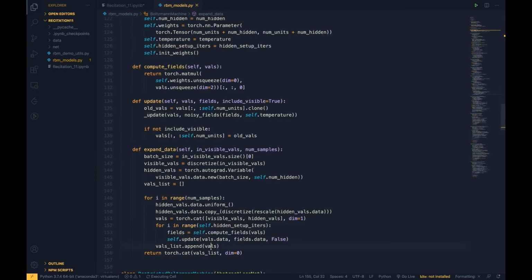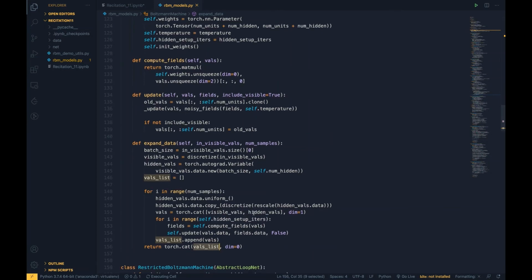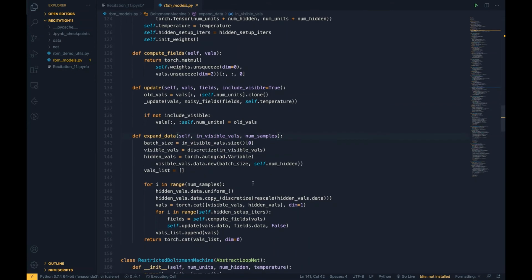And we will append these hidden values and return it together with the visible units. Okay, so that is expand data. As we talked earlier, it basically takes the visible values and generates hidden values.